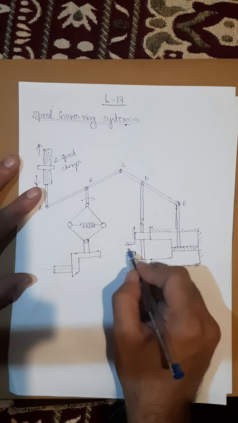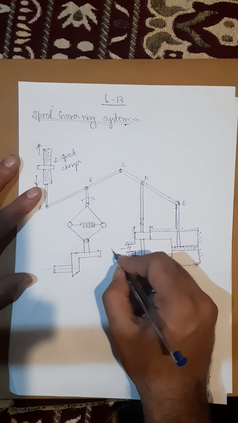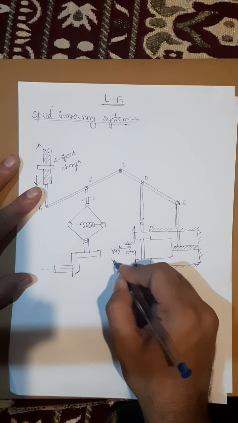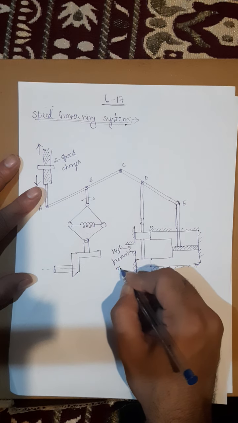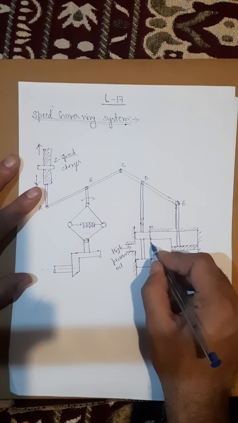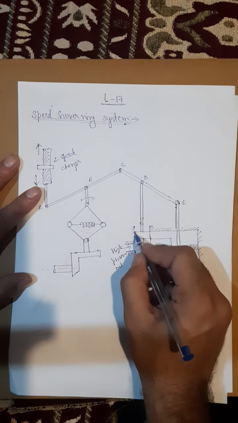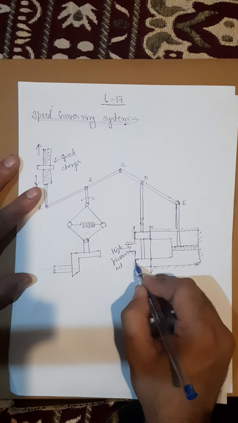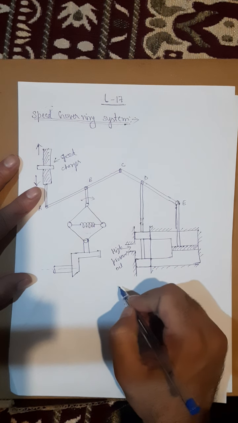From this hydraulic amplifier, high pressure oil will enter. These are the two sliding contacts.